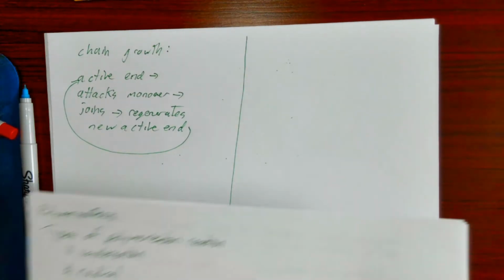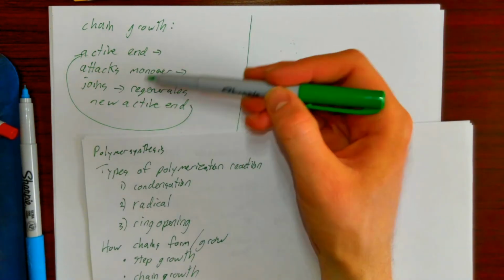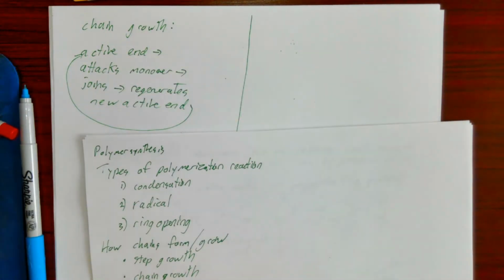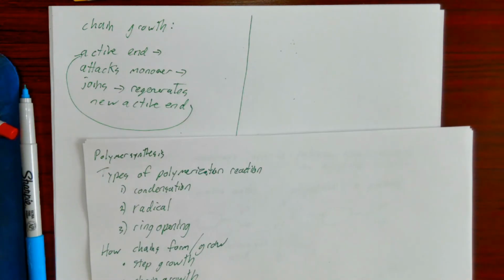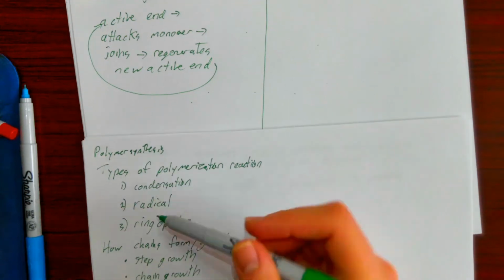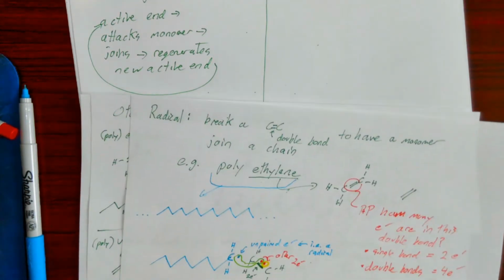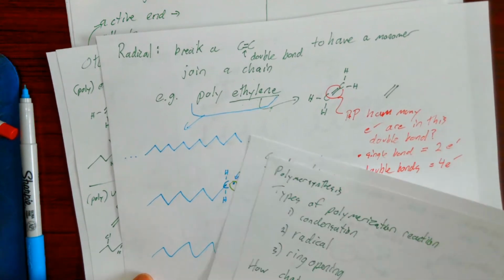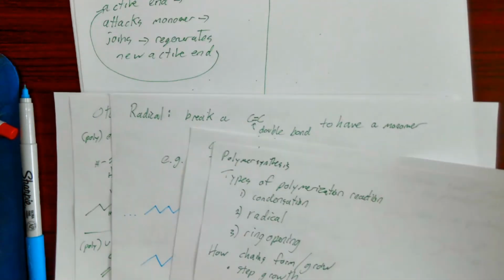So take a moment now. Which of these polymerization methods would you say is best described by chain growth? Well, it's actually two of them, radical polymerization and ring opening polymerization, right? So remember, in radical polymerization, the radical attacked a monomer, and that created a new radical at the end.